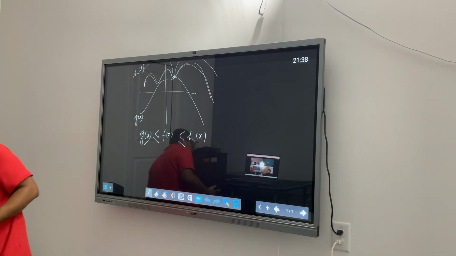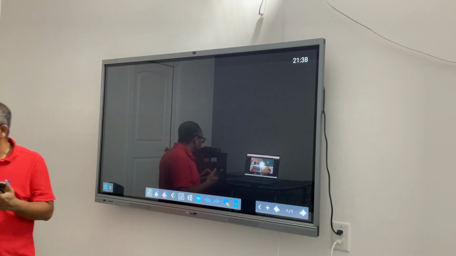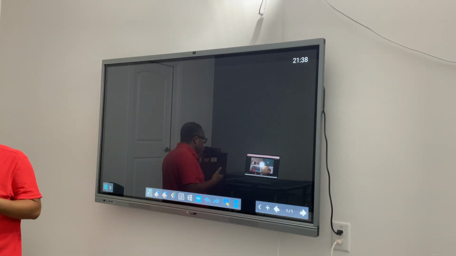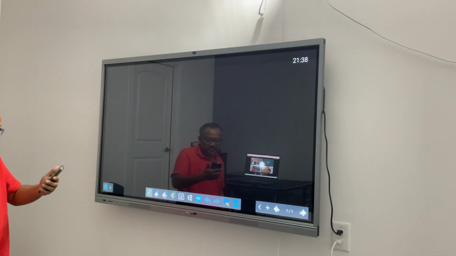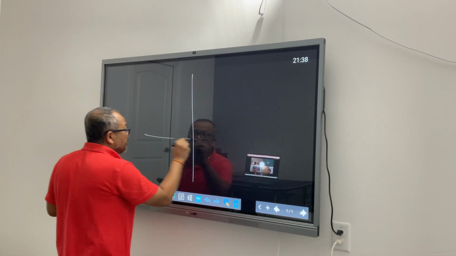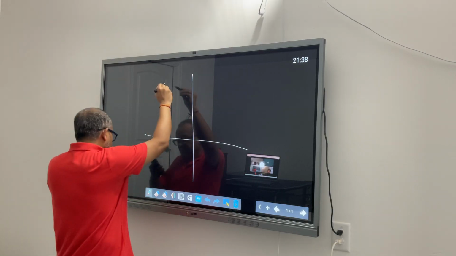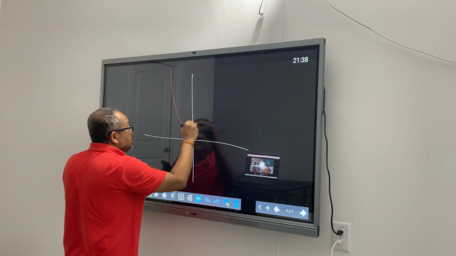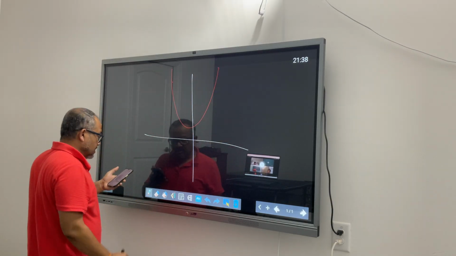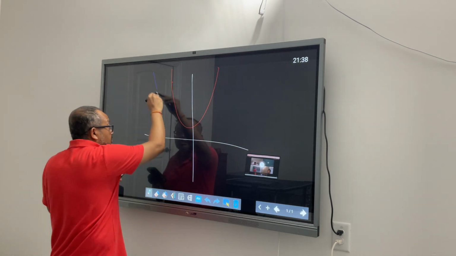Okay, so now I will probably try not to read all the questions. I will only look at the key content of it so that we are able to solve it faster. So this is one function in red color. The other function is in blue color.